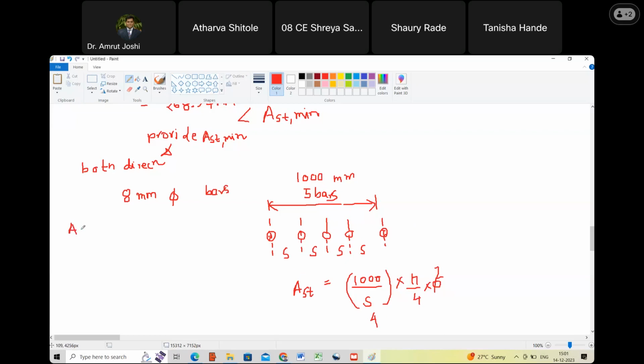Area of steel required must be equal to 1000 divided by S into area of 1 bar, pi by 4 into phi square. What is the phi that we have chosen? 8 square. So from this, can you tell me what is S? Because we know that AST needs to be 288 mm square minimum. Are you with me? Yes, sir. So can you tell me what is the value of S?